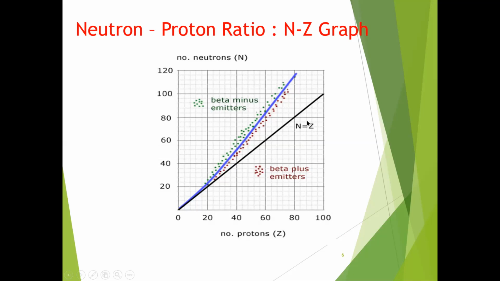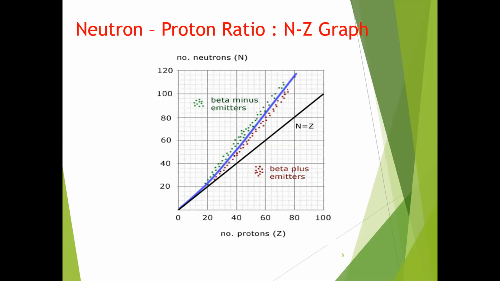But if you draw the graph between the number of neutrons on the y-axis and the number of protons on the z-axis, instead of getting a straight line, the graph will tend towards the y-axis like this. So from this graph, we can discuss some points regarding the stability of the nucleus.